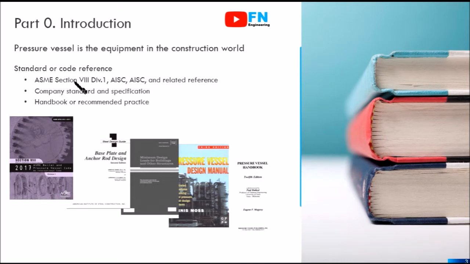Meanwhile, an ASME code product does not require an ASME authorized inspector, but the company has to be registered in ASME. In addition, ASME code and standard only cover the pressure part, so the other parts are controlled by other standards. Besides ASME, there are many codes and standards that regulate or recommend pressure vessel design.